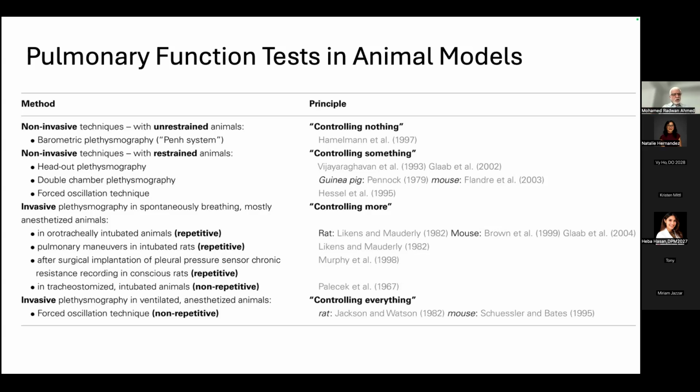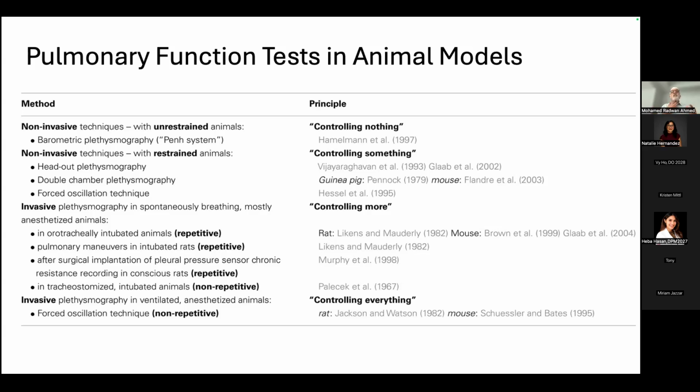The invasive method is when the animal is anesthetized, sleeping. So you do oropharyngeal intubation, intubating the animal through the mouth. The tube goes to the trachea, and you do some pulmonary maneuvers on intubated rats, or even surgical implantation of a pleural pressure sensor. You give anesthesia and put a sensor inside the pleura, open the chest with a small incision, put that in, and record while the animal is conscious.